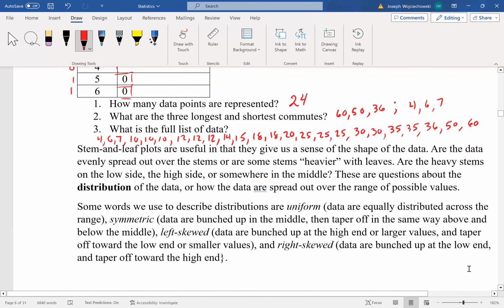Some words we use to describe distributions are uniform, where the data is equally distributed across the range. Symmetric, where data are bunched up in the middle and taper off in the same way above and below the middle. Left skewed, where the data are bunched up on the high end, or the larger values, and taper off towards the low end, or smaller values. And right skewed, where the data are bunched up at the low end and taper off towards the high end.